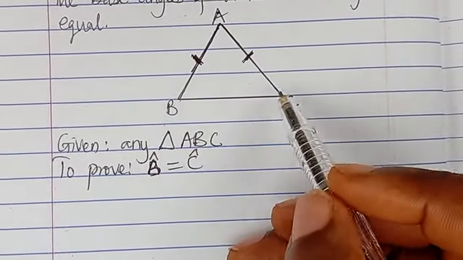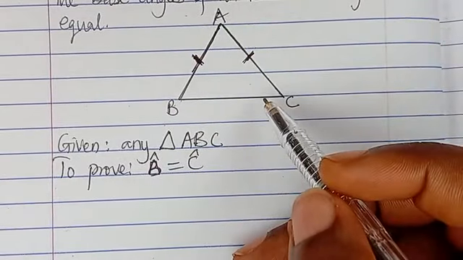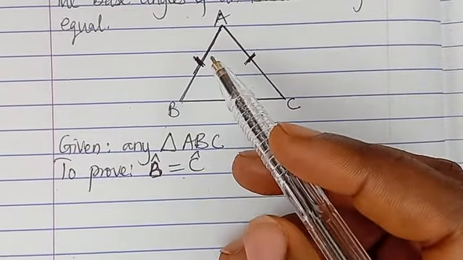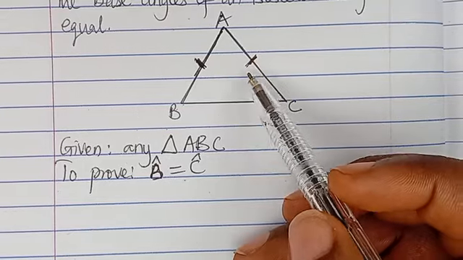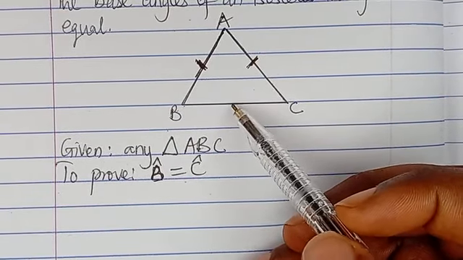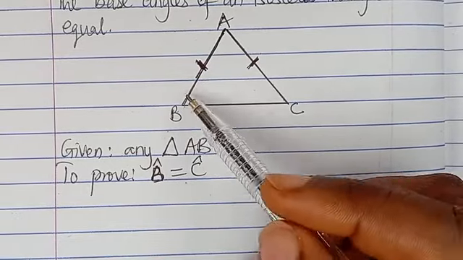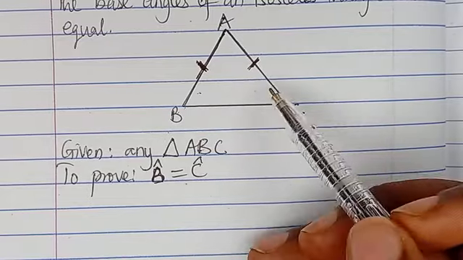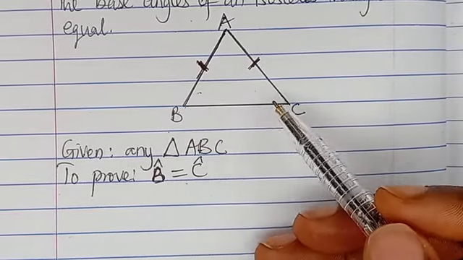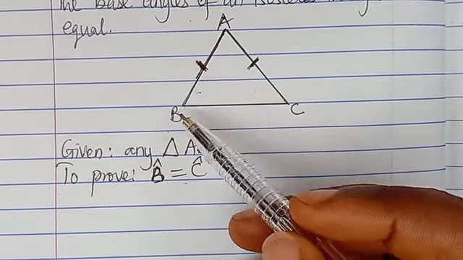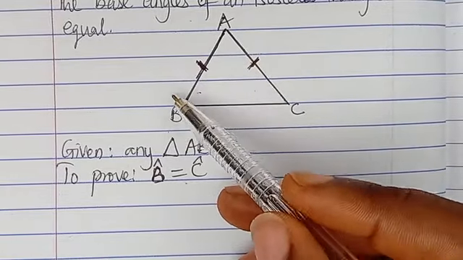Once again, these are the base angles of this isosceles triangle. Isosceles triangles are triangles that have two equal sides and one side that is unequal. We know from geometry that the base is the unequal side, the side that is not equal like the other two sides.